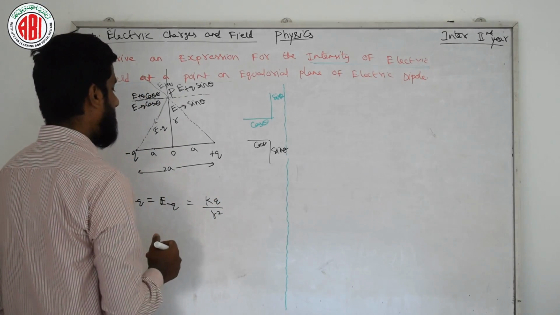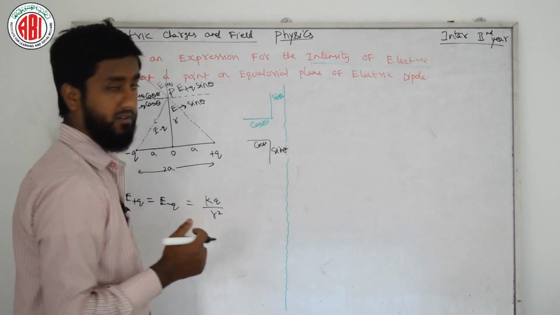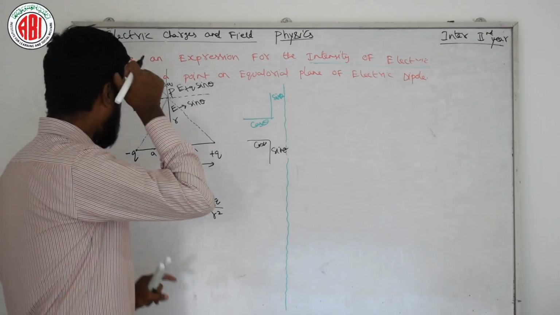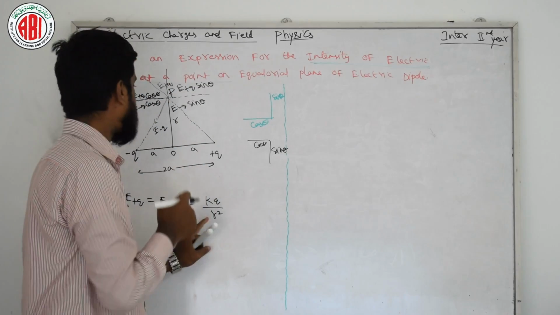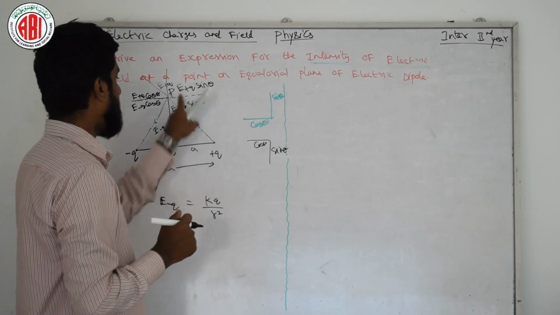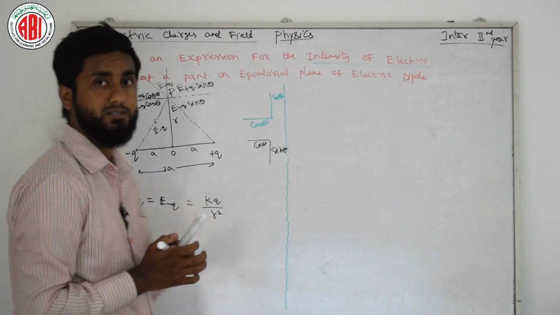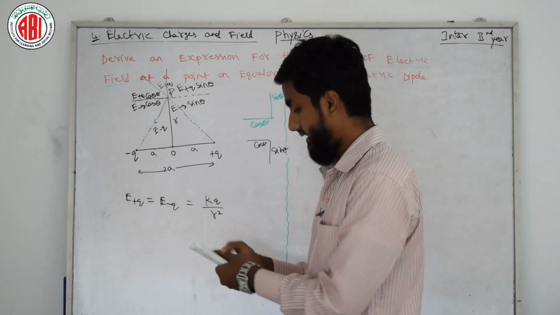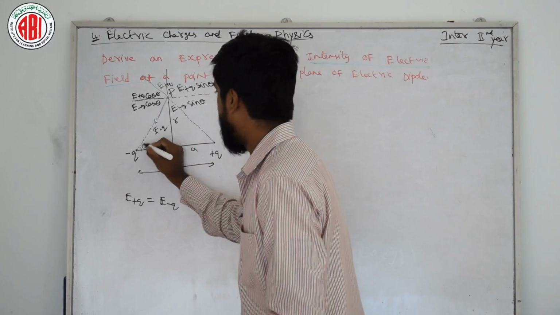Why kq/r²? Since we have the resultant electric field kq/r², r² is nothing but the distance between P and minus q, and between P and plus q. What is the distance between them? We consider a right angle triangle with theta here and here.